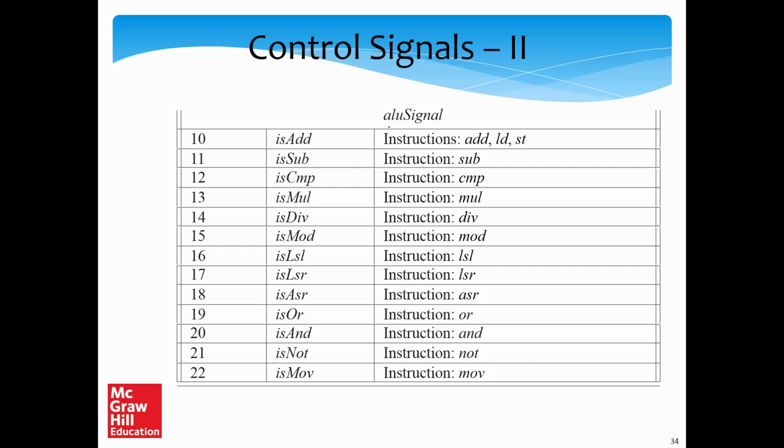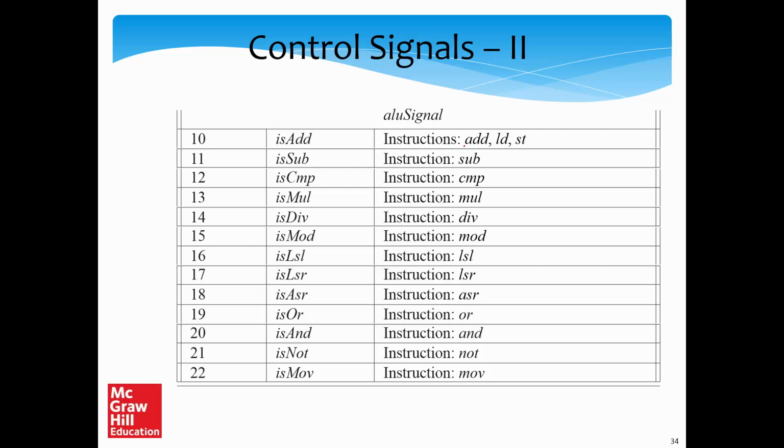Those were the basic control unit signals for the entire data path. But then let's look at the ALU signals, the signals sent to the ALU. The isAdd signal is set when you want the ALU to do an addition.